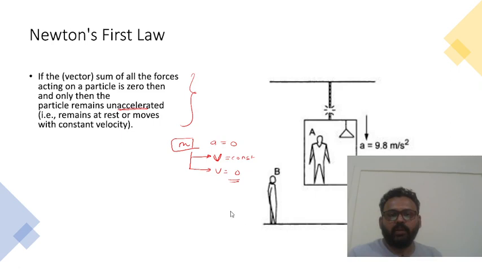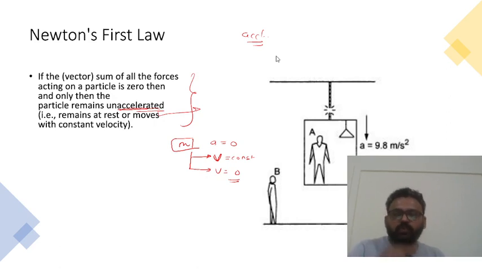Now this word accelerated, you might have heard about the accelerator of your bike, your car. What is the function of the accelerator in your car? When you apply the accelerator, the throttle increases the fuel supply to your engine, produces more energy, more power, and that power is transmitted to your vehicle tires, and the tires revolve with a greater speed than usual.